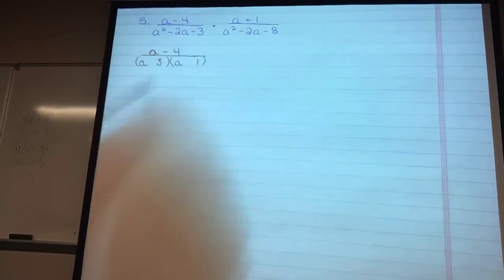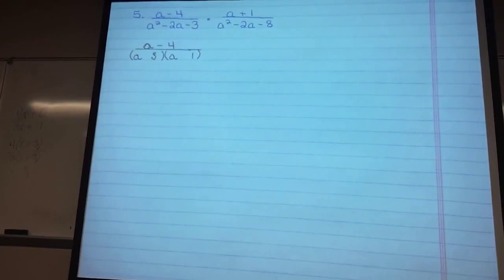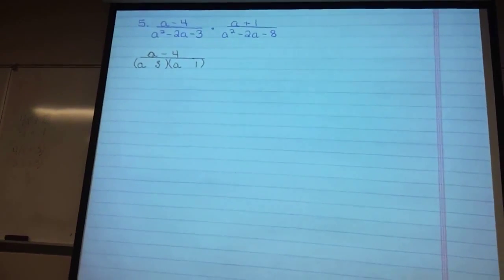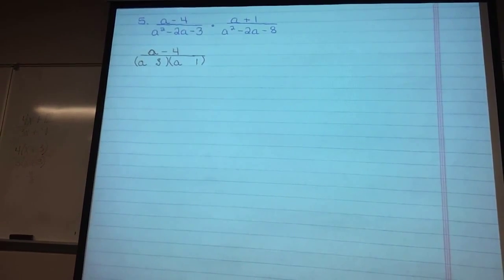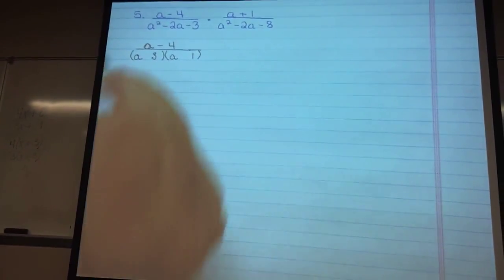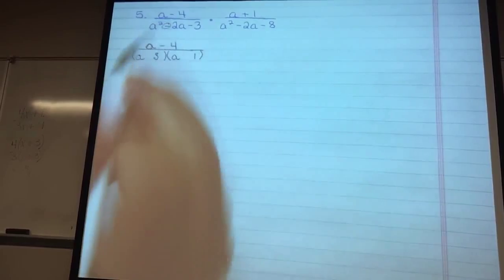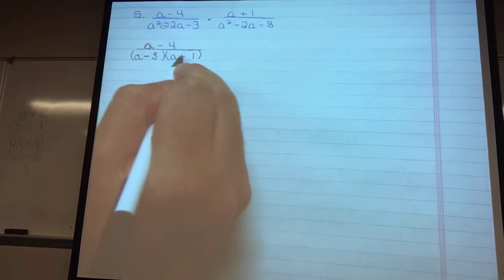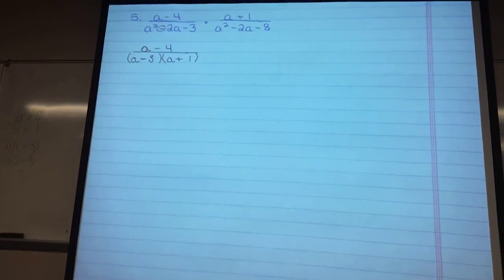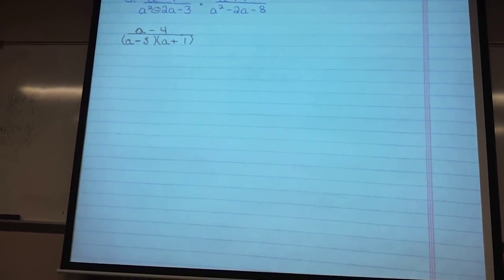So 3 times 1. Now, would you have to add or subtract those to get to 2? Subtract. Now, I need the bigger number to have the negative sign. So it's going to be negative 3, positive 1. Again, this is something you should already know how to do by now. Just simple factoring.